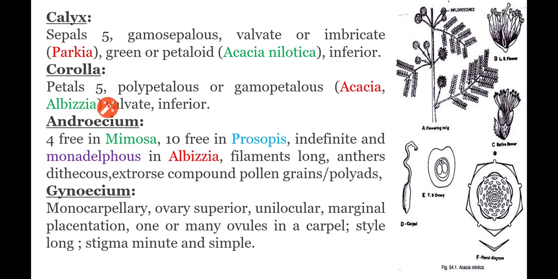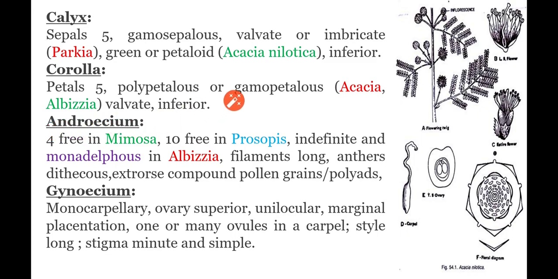Corolla comprises 5 petals, but petals are 4 in number in Mimosa pudica. Okay. Next, polypetalous. Petals are free. Otherwise, they are gamopetalous. Example, Acacia and Albizia comprise gamopetalous corolla. Estivation is valvate and inferior. They are inferior to the ovary.